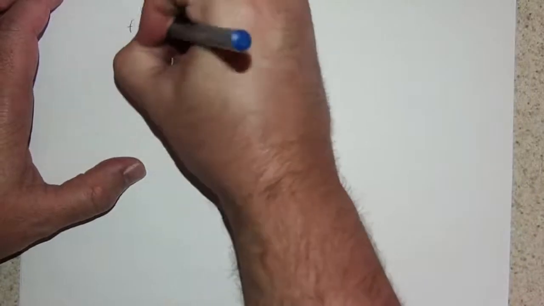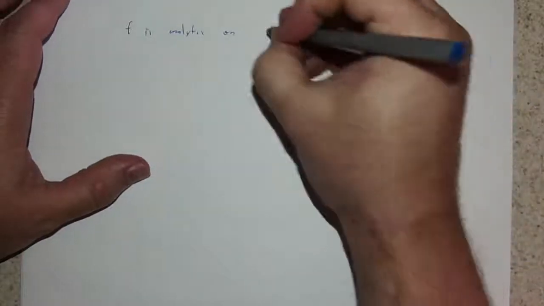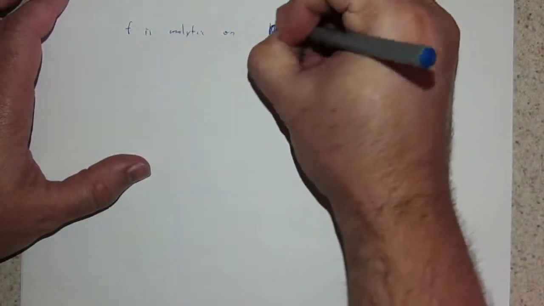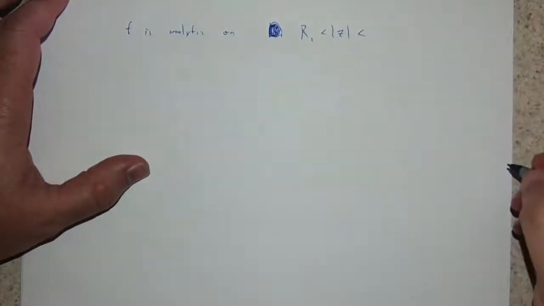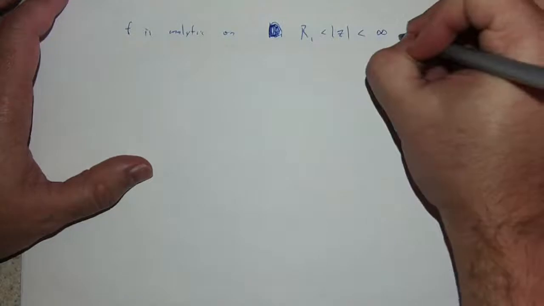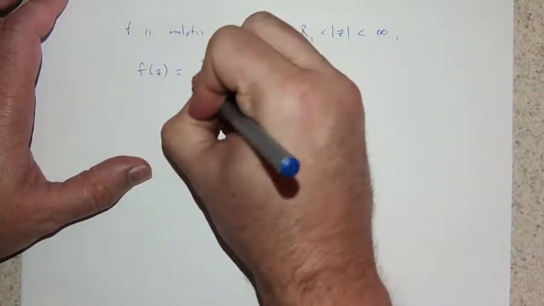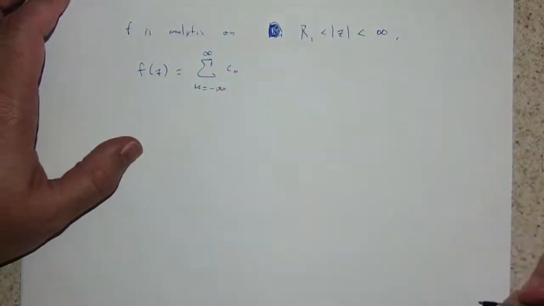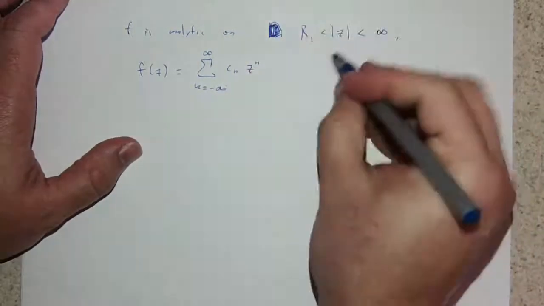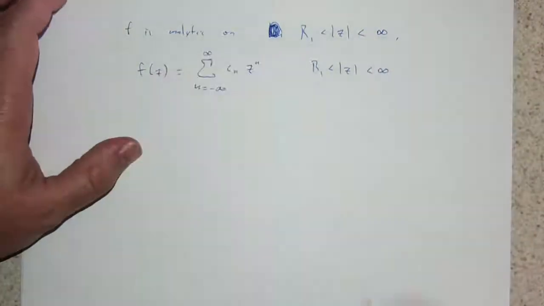So since f is analytic on this domain, outside the circle of radius r sub 1, i.e., it has a Laurent series expansion. So this is the sum from n equals minus infinity to infinity of c sub n times z to the n on this domain. I'm not going to rewrite that. Okay.